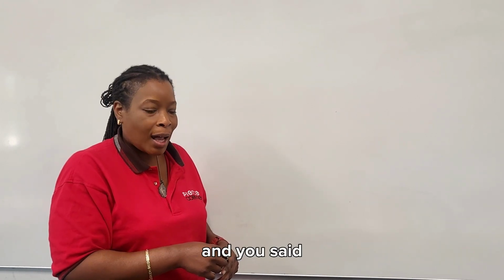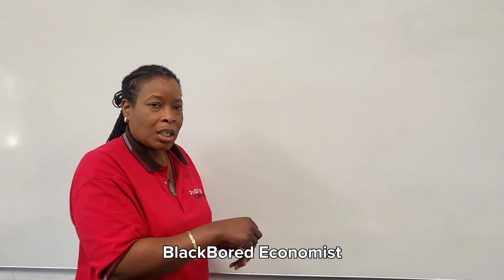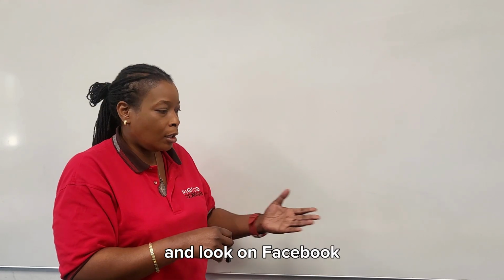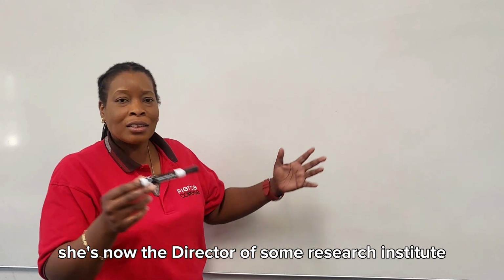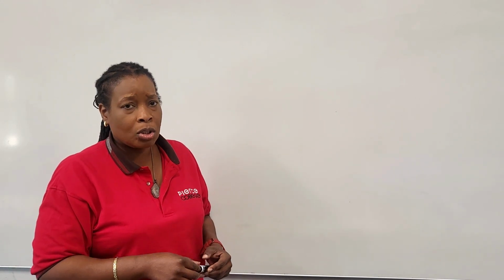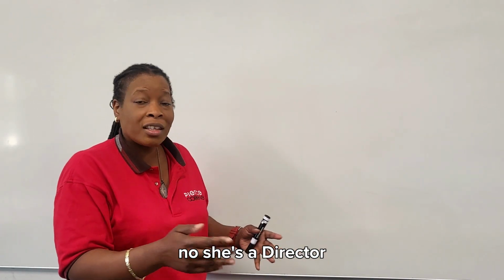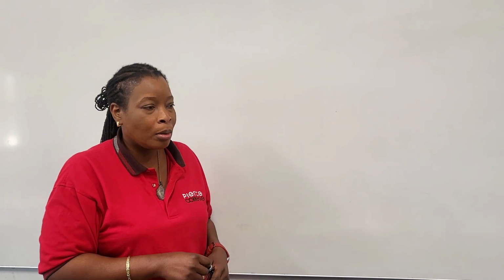You say, oh, I remember that BlackBoard Economist who bought a 1-bedroom starter apartment. And look, on Facebook, she's now the director of some research institute. Before, she was a junior analyst, and now she's a director and she's celebrating on Facebook. That means my income went up.